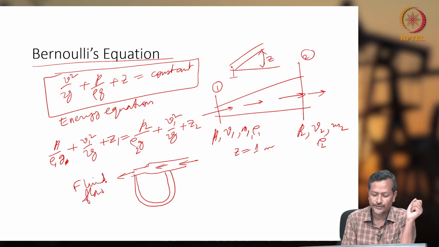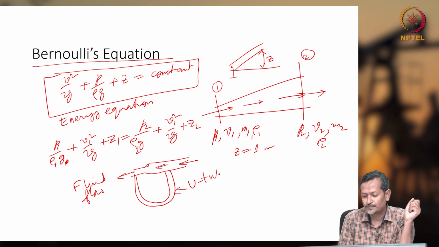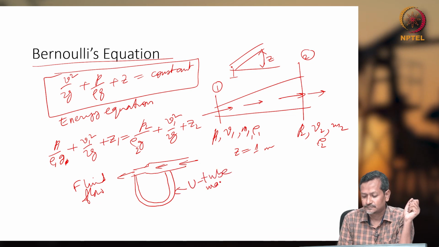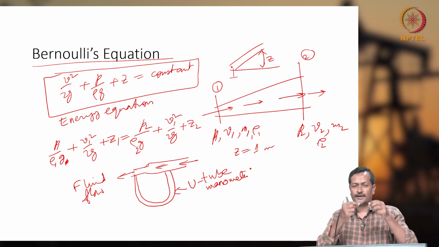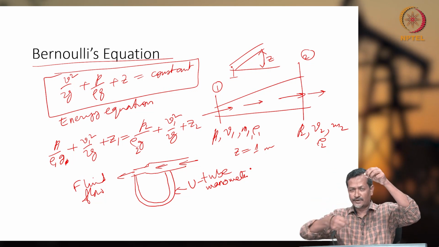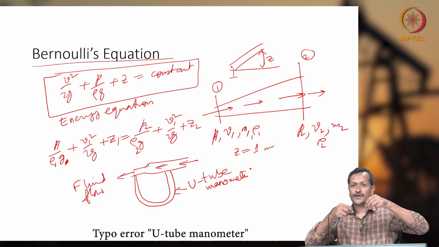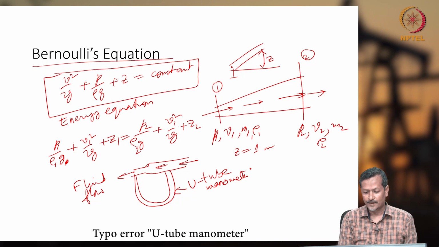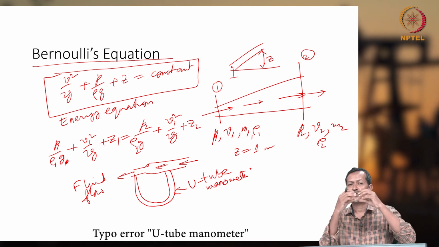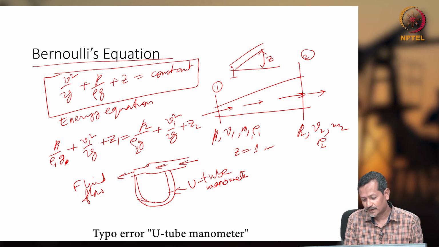It's a very simple instrument. It is having one pipe only, and pipe will have some high density fluid. Let's say mercury may be there, or any high density fluid you can put there. When fluid is not flowing, the mercury will be like this. It will be equal height.